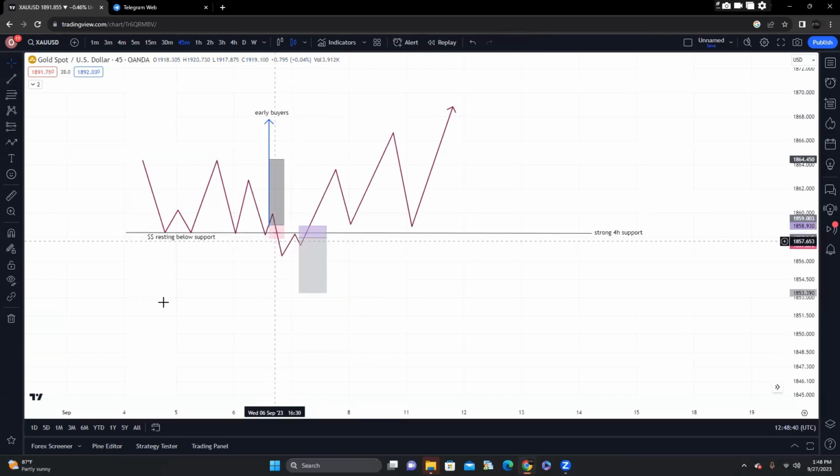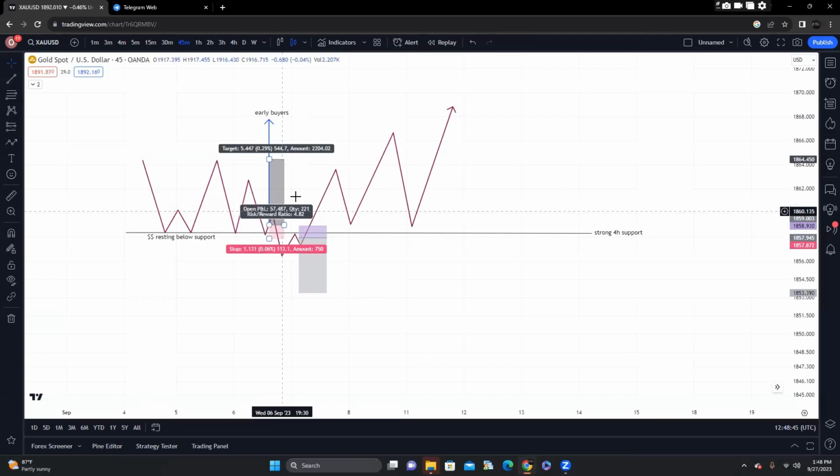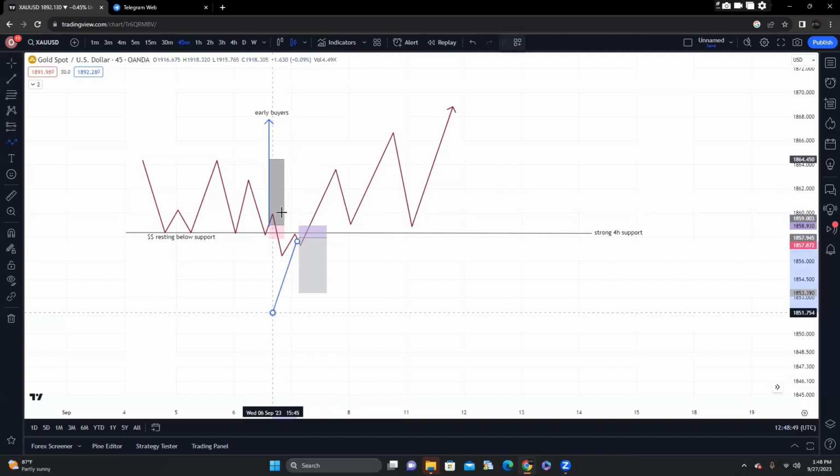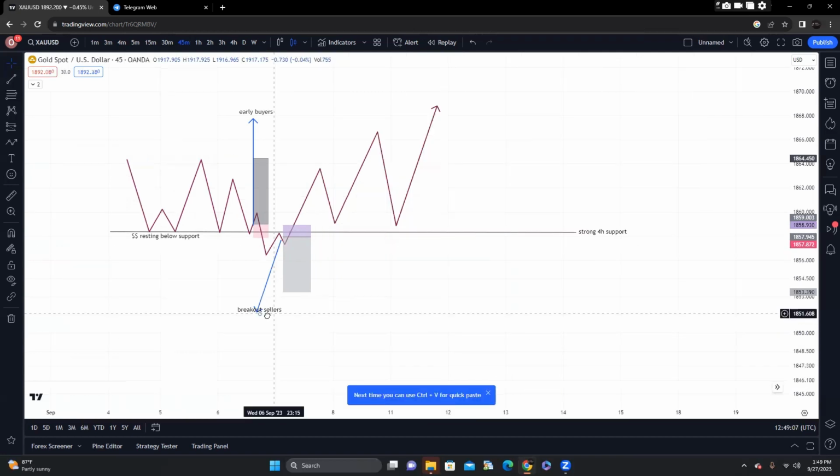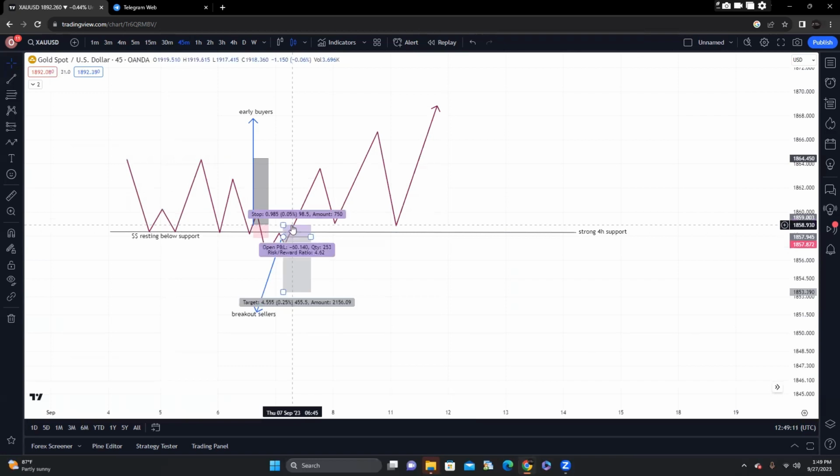They'll be targeting maybe a low somewhere around here. What happens? They are taken out, boom, and then they'll be confused, like, what's going on? But I waited. So these are breakout sellers. Breakout sellers have entered into the market here and were stopped out here.